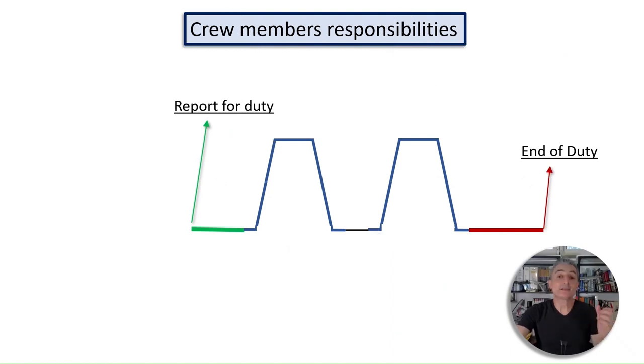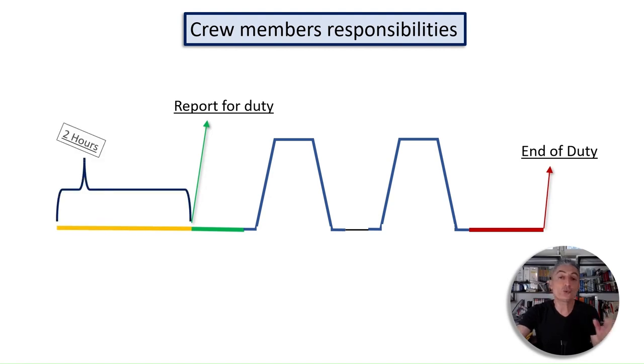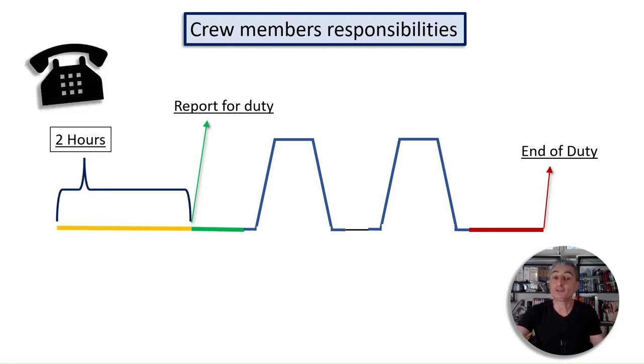Then there are some moments specifically written in the OMA where, as a crew, we have the responsibility to be able to be contacted by OCC, by dispatch, and to check our roster. These moments are exactly 2 hours before reporting for duty.